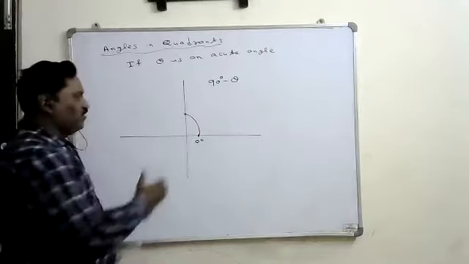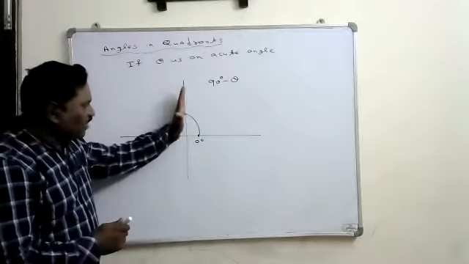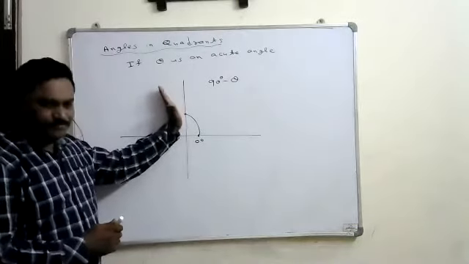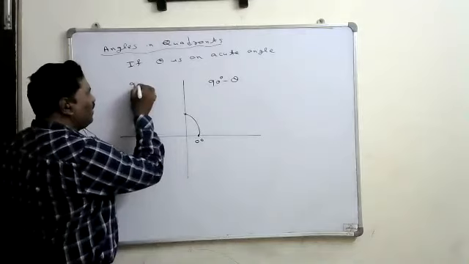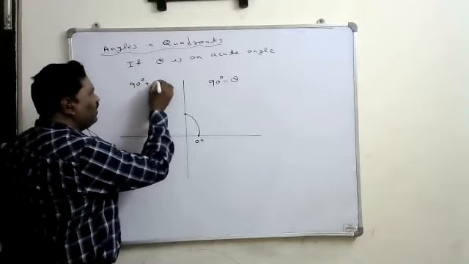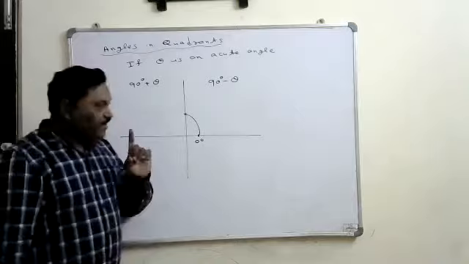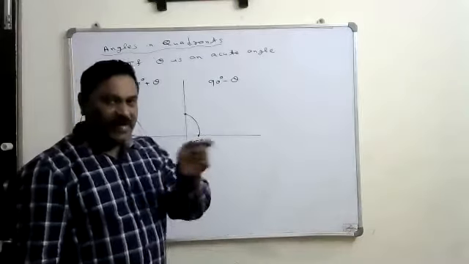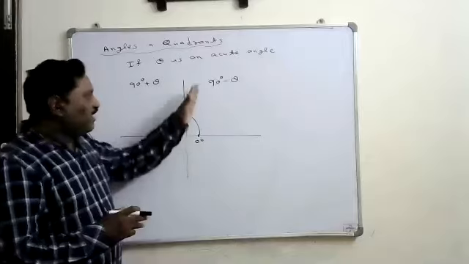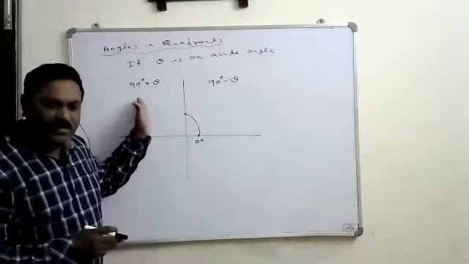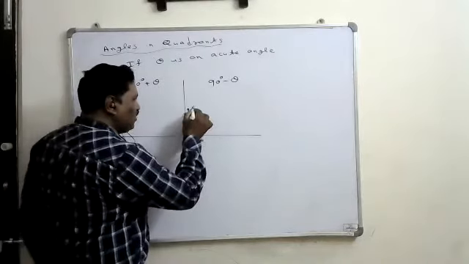Now, to this 90, if I add something, where will it go? It goes to the second quadrant. Therefore, the angle 90 degrees plus theta lies in the second quadrant. Always remember that any angle in the format of 90 degrees minus theta lies in the first quadrant, and 90 degrees plus theta lies in the second quadrant. Moving further, the total angle here is 180 degrees.